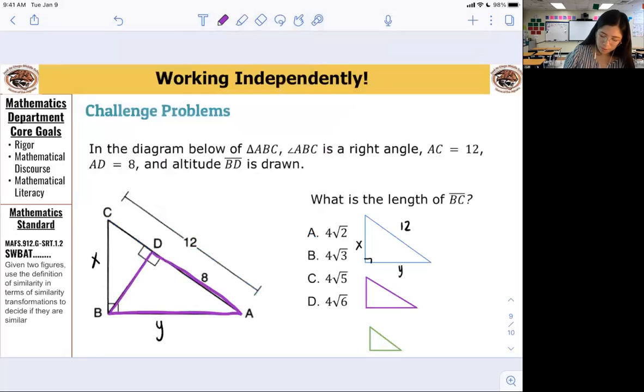On my medium triangle, what's the hypotenuse? No. Look again. What's the hypotenuse? There you go. Hypotenuse is Y. What's the bottom?